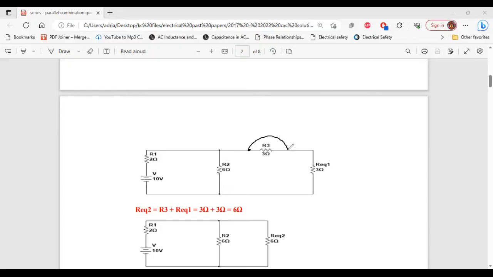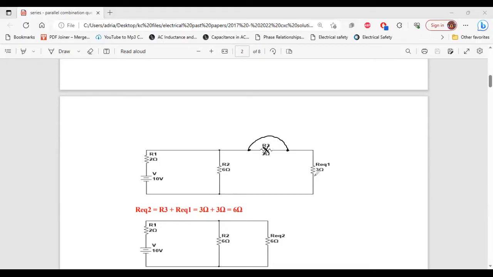So basically, you can say that R3 doesn't really exist. All right, so we can mark that out. Now, seeing that we're using this equivalent circuit, we'll have to calculate the total current without R3. But before we can calculate the total current, we have to know what the total resistance is.